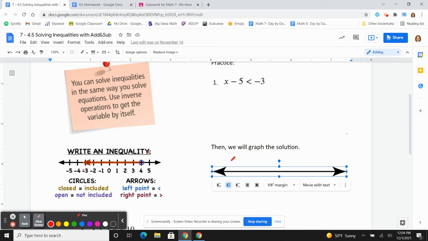Number one, x minus 5 is greater than negative 3. How do I get x by itself? I need to get rid of minus 5. Maddie, what's the opposite of minus 5? Plus 5.